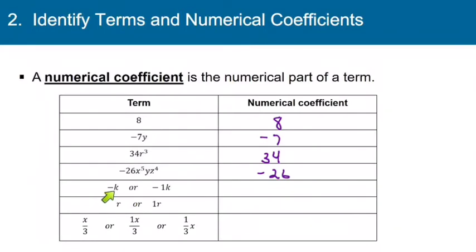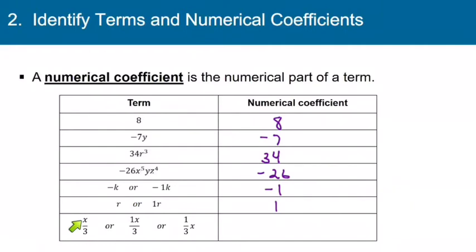Here we have the term -k, which can also be written -1k, so the coefficient here is -1. And here we have the term r, which can also be written as 1r, so the coefficient here is 1. And then finally we have the term x over 3, or x divided by 3.